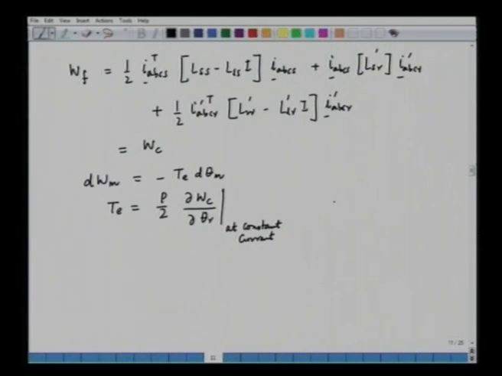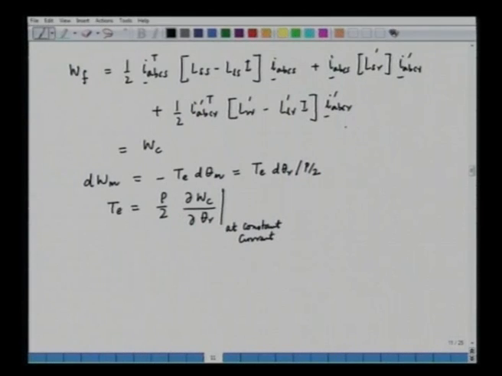Now, why is this P by 2 coming into the picture? Because this is Te into the mechanical quantity. So, that is equal to Te into d theta r by P by 2. And hence, if you want to find theta r, you have to take this P by 2 to the other side.